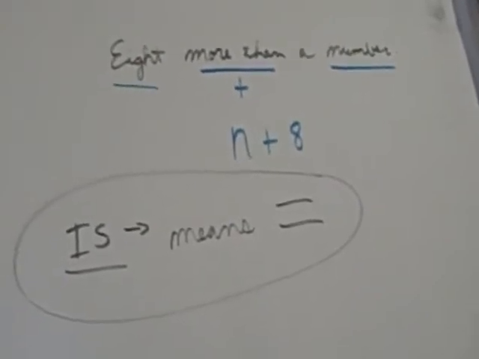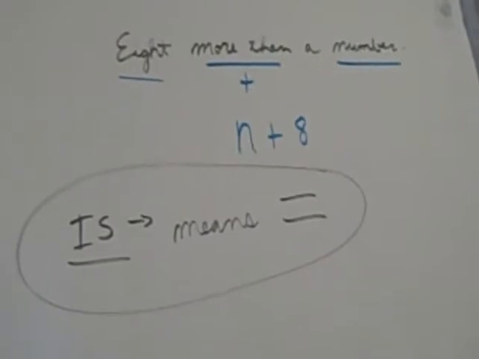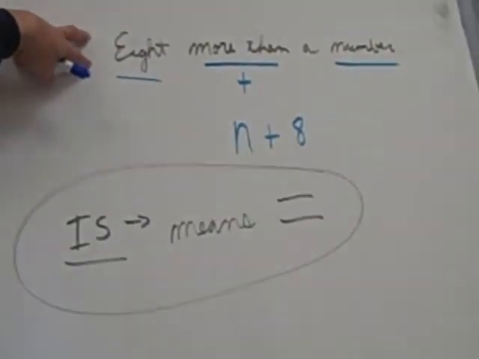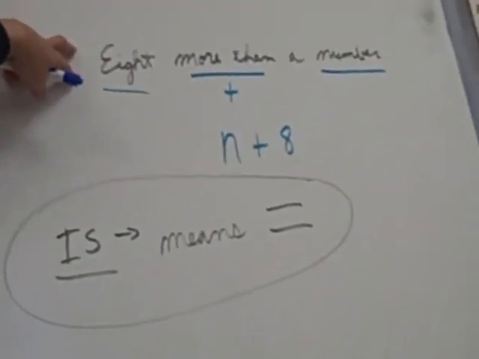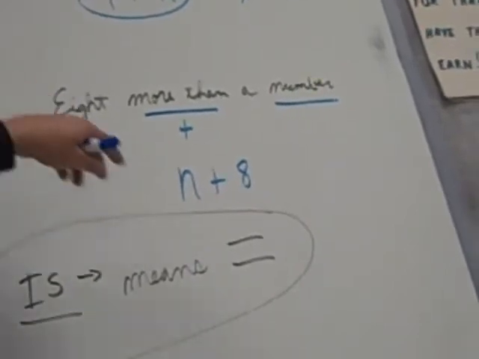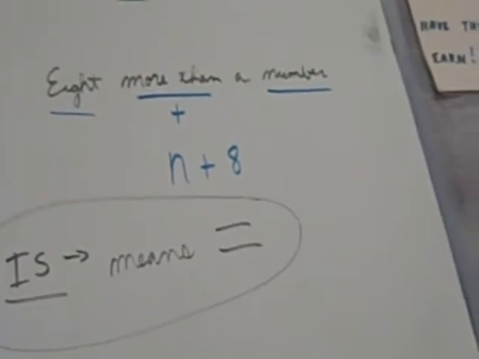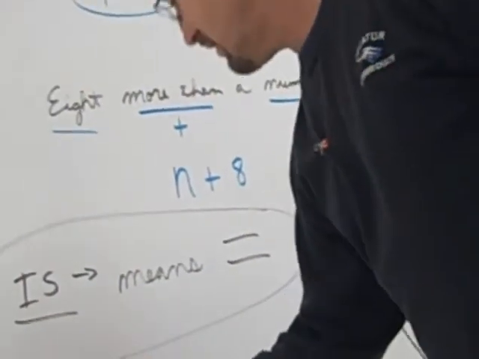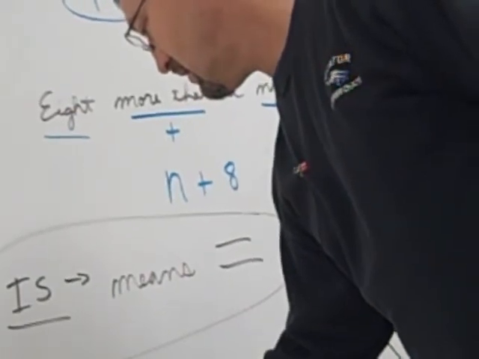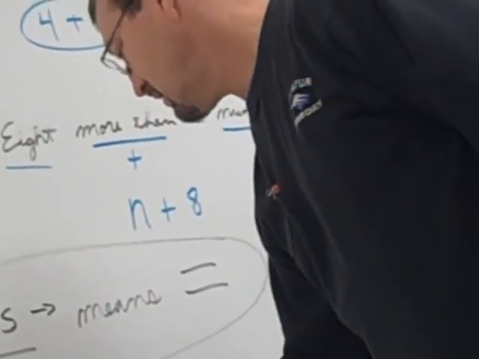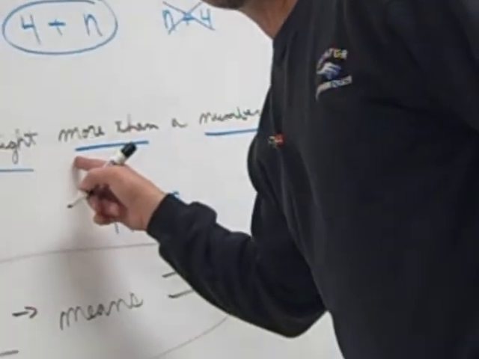Is everybody with me? And that usually turns an expression statement into an algebra equation statement. Wait, but wouldn't that be an expression since it doesn't have an equal sign? These are expressions.